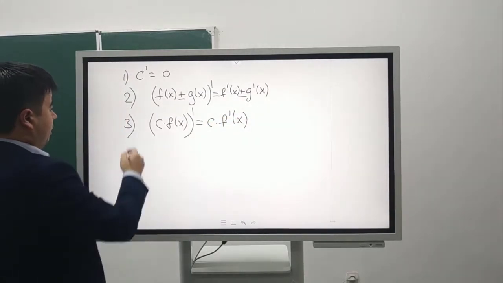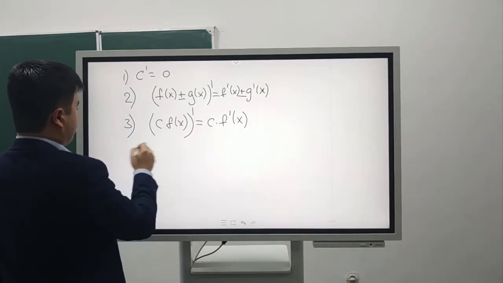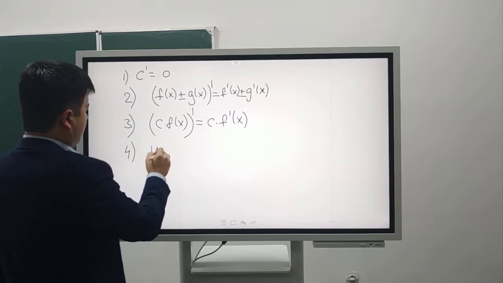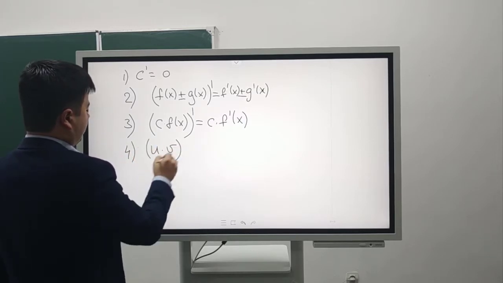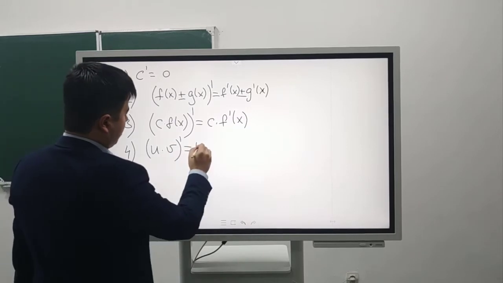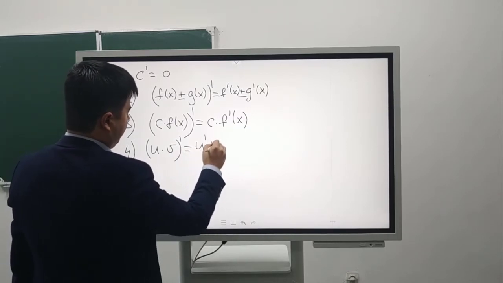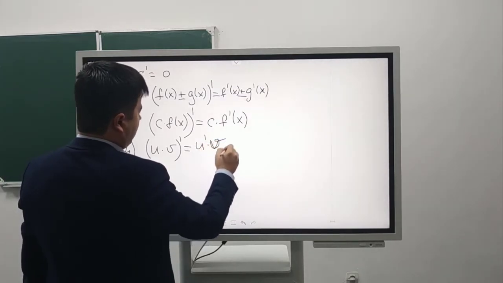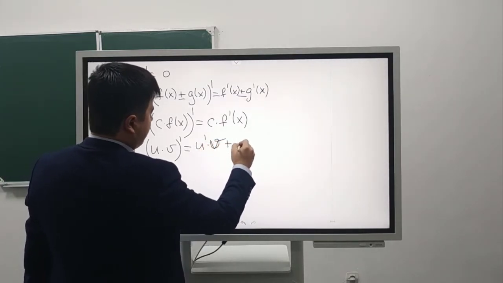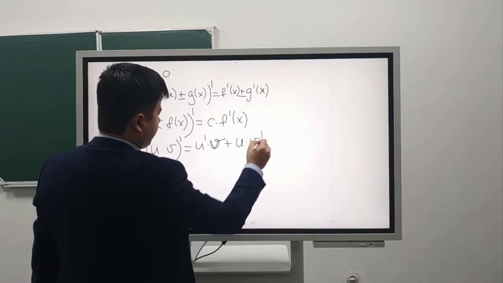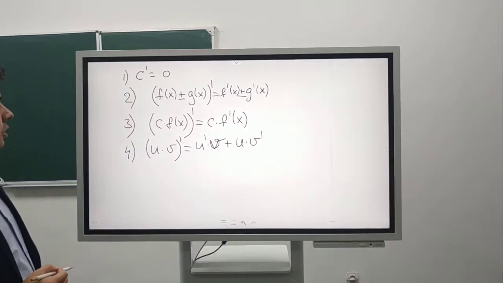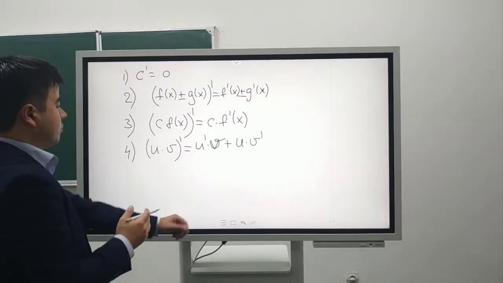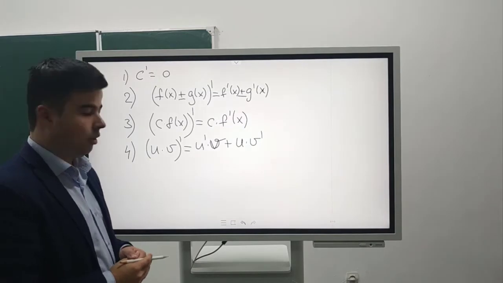Or if it is product of two functions, for example, we have u and v functions, the derivative of the product is u prime times v plus u times v prime. This is rule of taking derivative from product of two functions.